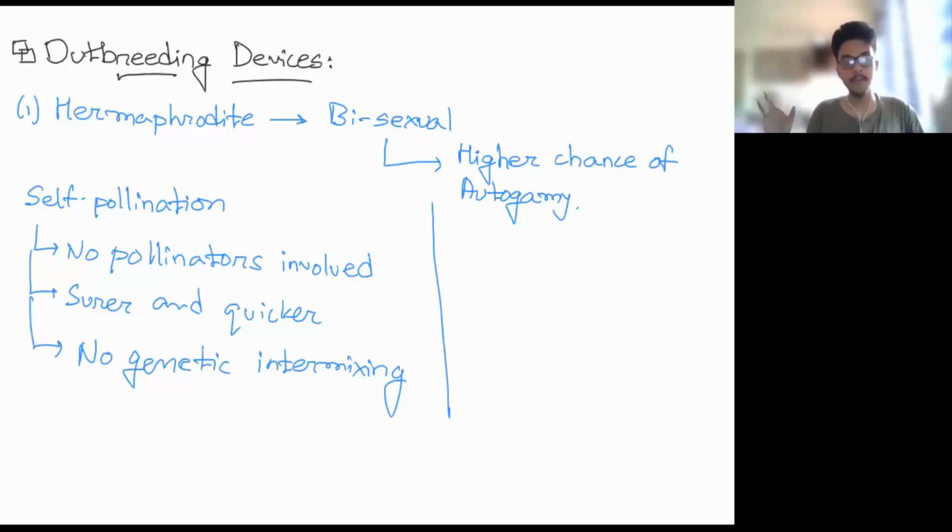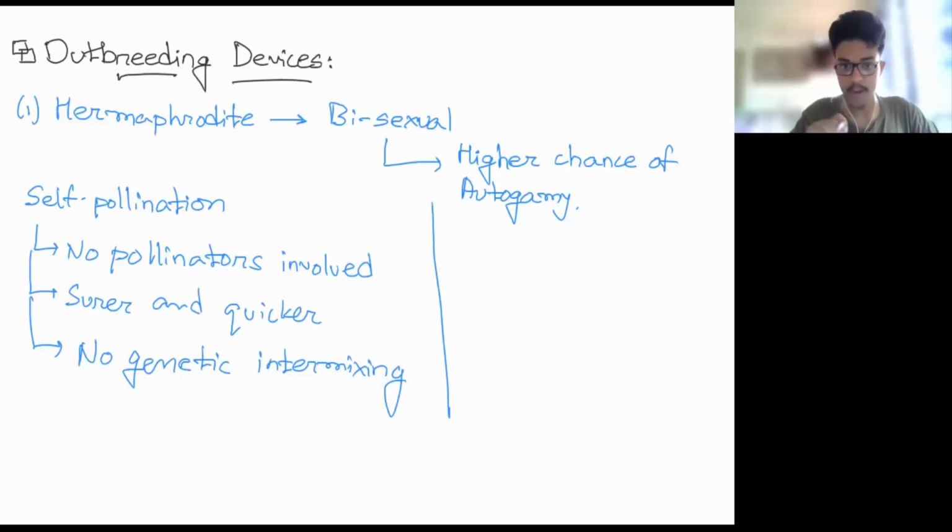For example, consider an anemophilous flower, an air-pollinated flower. The pollen grains are released and move with the wind, but maybe the wind direction changes, or there's a storm, and the pollen grains land on a different place rather than the stigmatic surface where they are supposed to land. So the pollen grain is wasted. Cross-pollination is not a surer process.